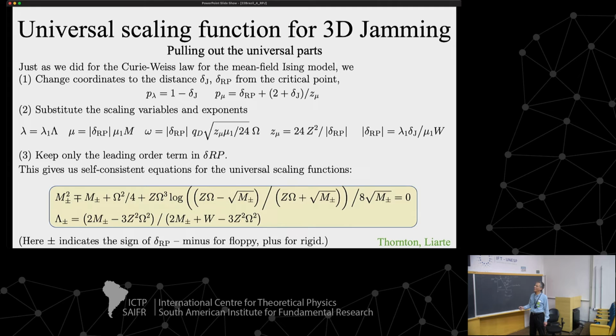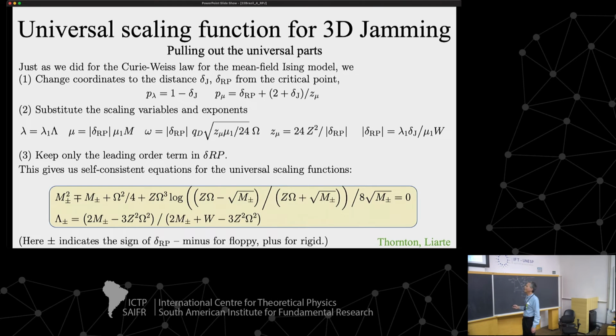The plus or minus are on the 2 sides of the rigidity of this transition. On the floppy side, it's minus, and the rigid side, it's plus, I think. If I solve these 2, I'm done.